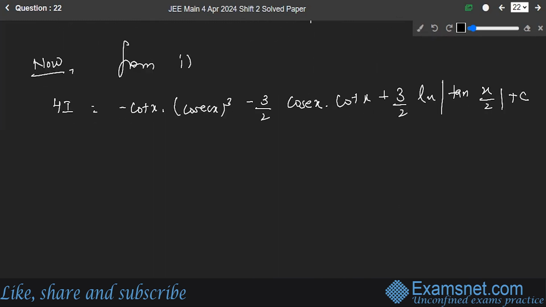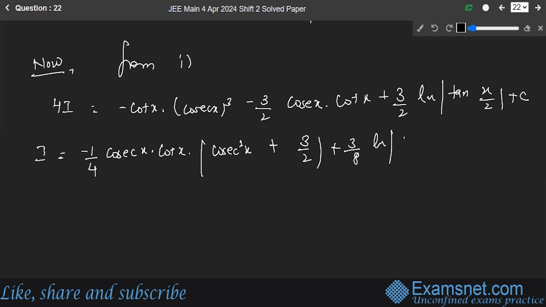Or let's divide both the sides by 4. This will be minus 1 by 4 cosecant x into cotangent x into cosecant square x plus 3 by 2, this tangent this. So let's compare it with the given equation.